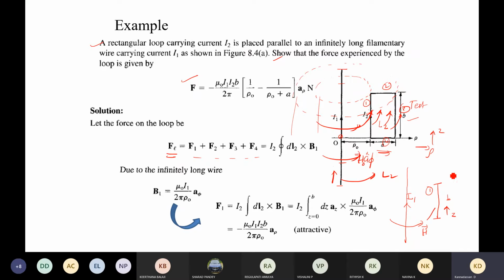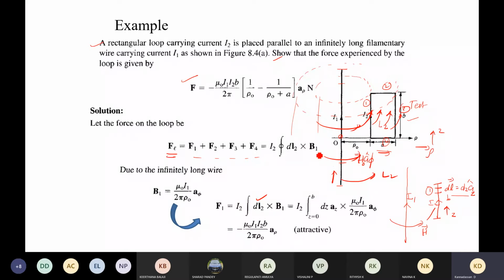In that case, we can simply define this small dl equal to dz, and to get the vector you put the unit vector for that. So this is the dl vector, and I2 is the current flowing in. Therefore I2 dz az vector is the small current element. We are going to substitute for this.